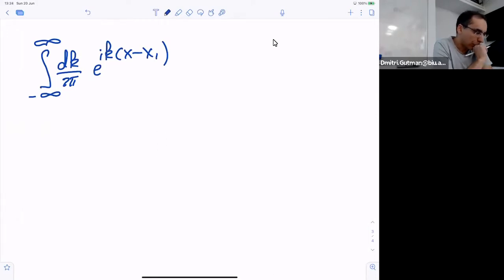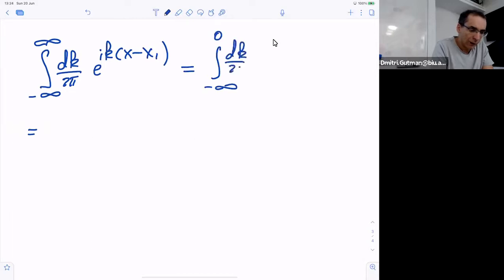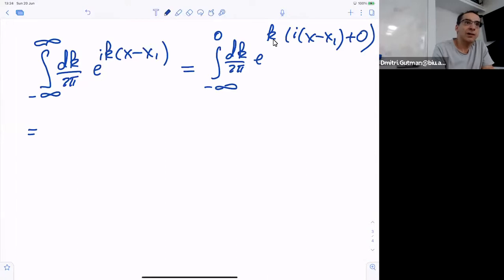Okay, so let me write this integral as an integral from minus infinity to 0 dk over 2π e^{k(i(x − x1) + 0)}, where by 0 I mean some very small number that makes this integral converge at k being minus infinity.